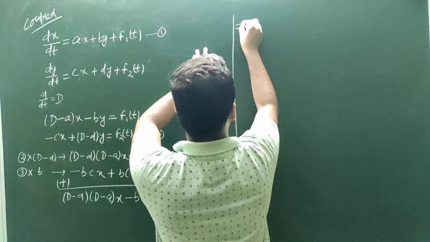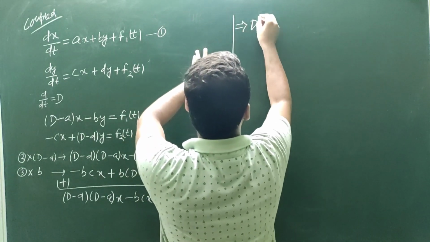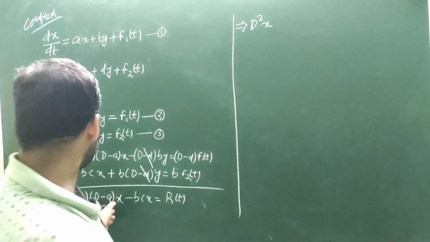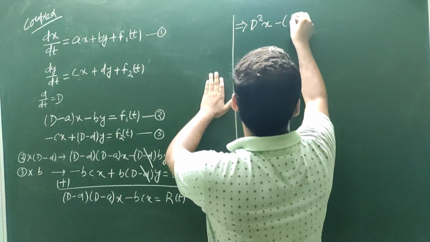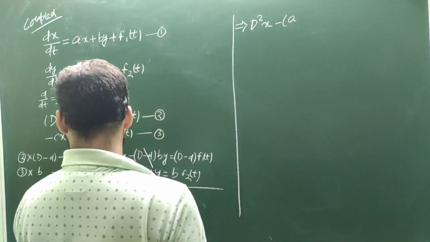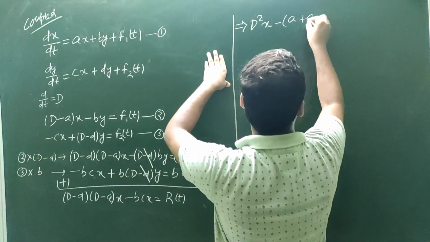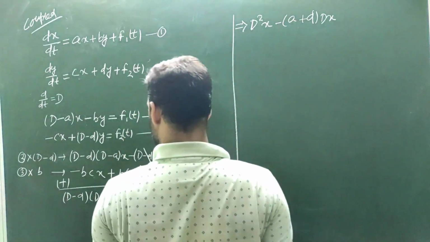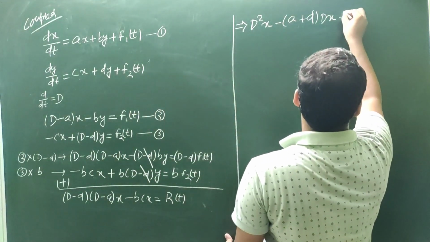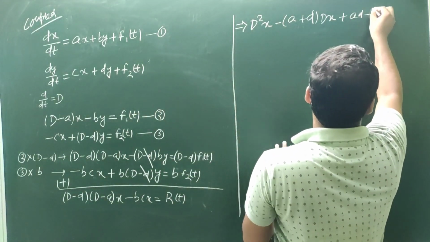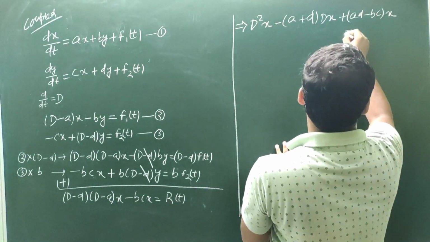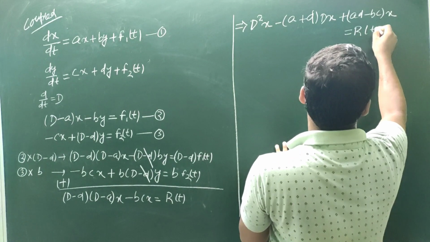So by doing all the simplification, we can write down capital D square into x and then minus (a plus d) into capital D into x, then plus (ad minus bc) into x is equal to r of t.